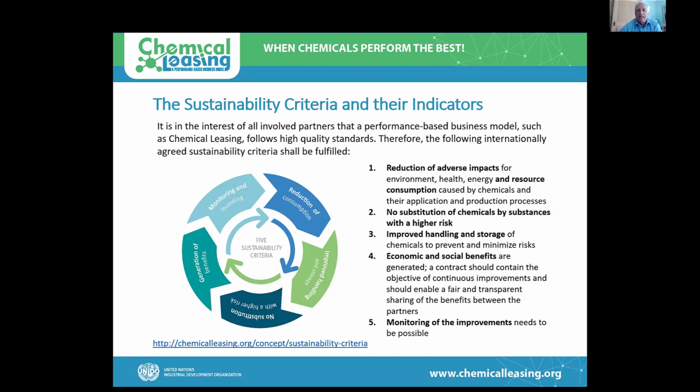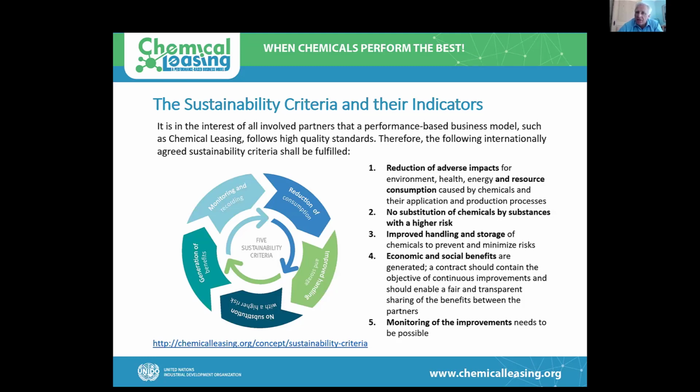So the team for developing the sustainability criteria came to the conclusion that it is essential to follow also the second criterion, which means no substitution of chemicals by substances with a higher risk.